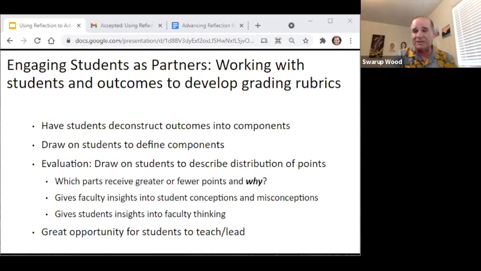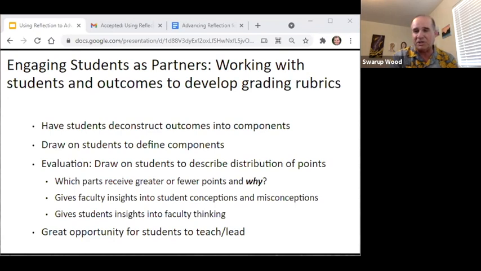In terms of our practice, having students deconstruct an outcome into its components, what different components they see in a given outcome, have students define the terms. Frequently, faculty use terms and outcomes that aren't readily understood by students or that may challenge students. And it's important that we have common understandings of the terms that we use.